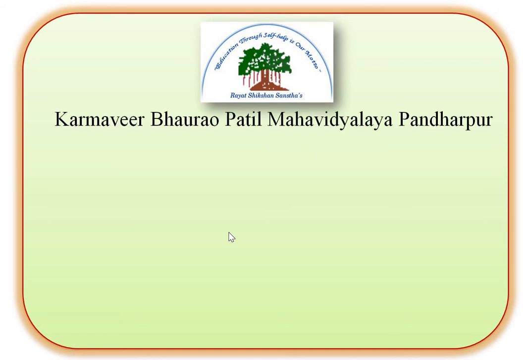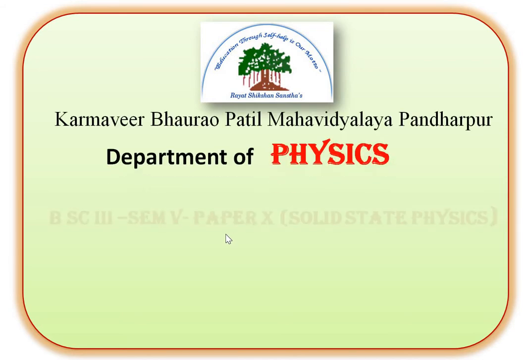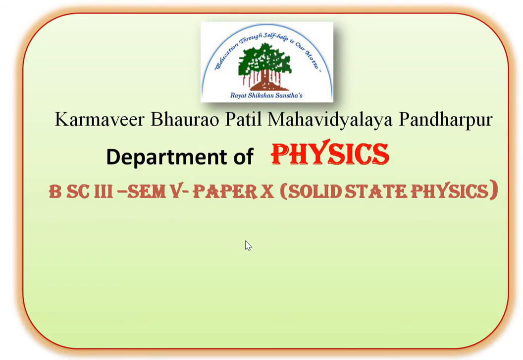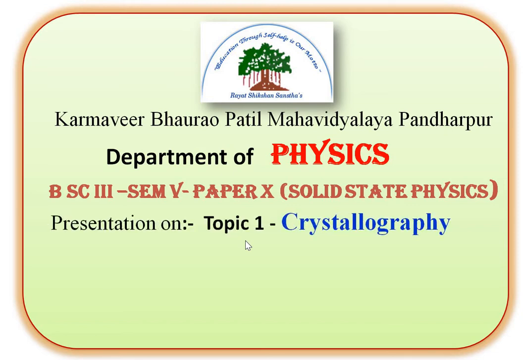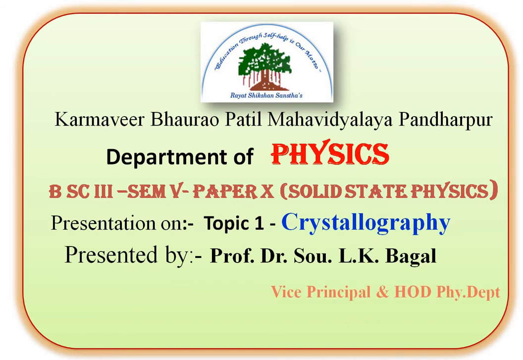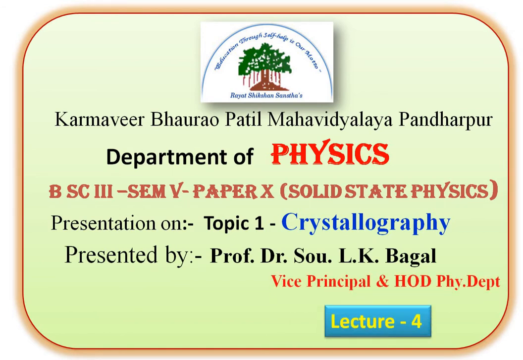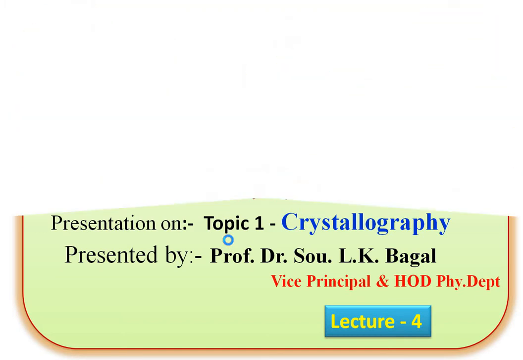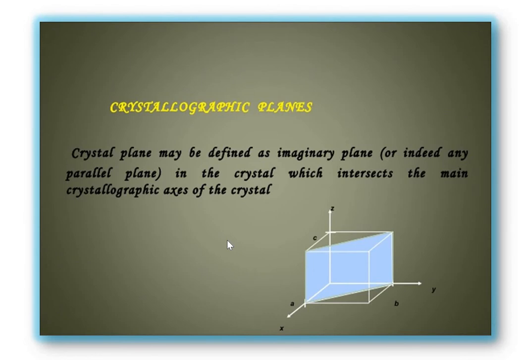Now, in today's lecture, we are concentrating on our chapter Crystallography, and specifically the particular article is Miller indices. These Miller indices play an important role in the study of crystal structure. First, what are crystallographic planes?